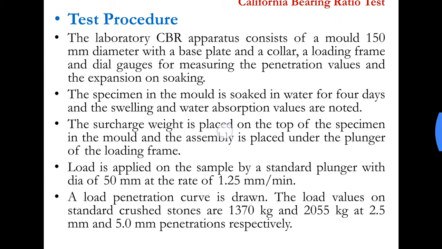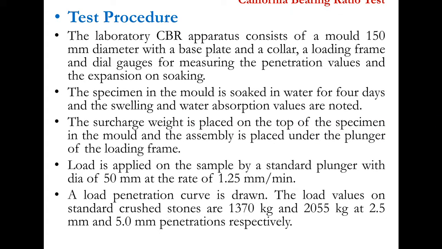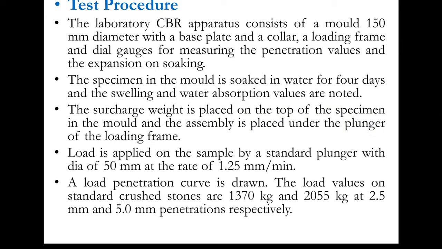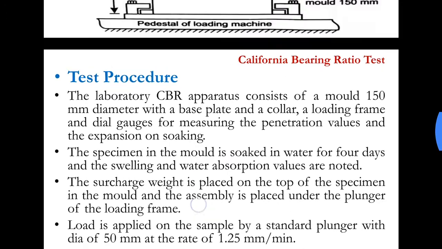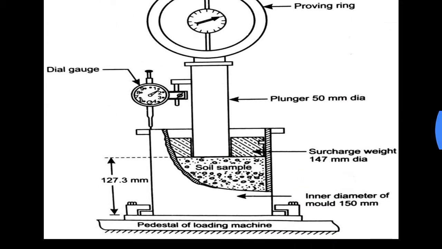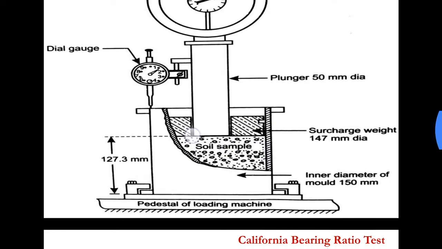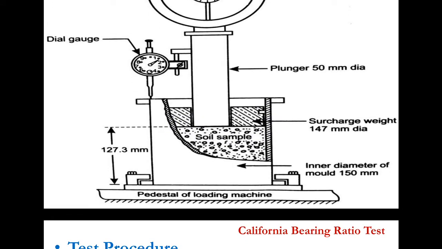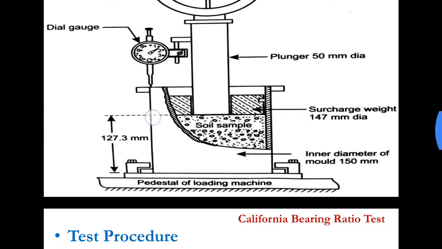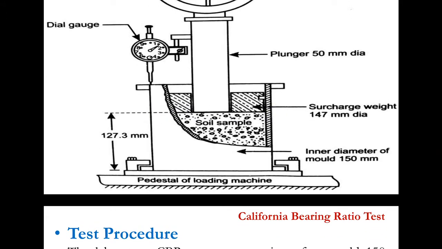The surcharge weight is placed on the top of the specimen in the mold and the assembly is placed under the plunger of the loading frame. There is a surcharge weight placed on top of the soil in order to apply a seating load and also to make the top surface horizontal.